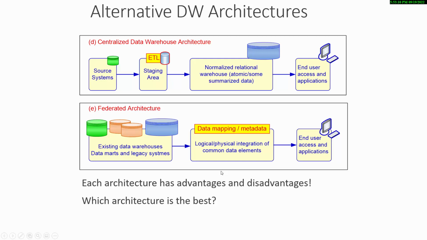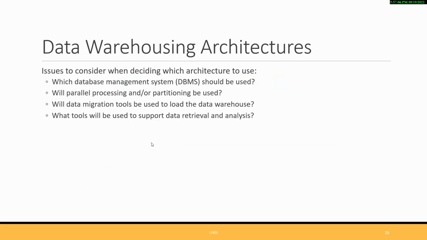In a federated architecture, existing decision support structures are left in place and data is accessed directly from those sources as needed. So, can you answer which architecture is the best? Not necessarily. Each architecture has its advantages and disadvantages.